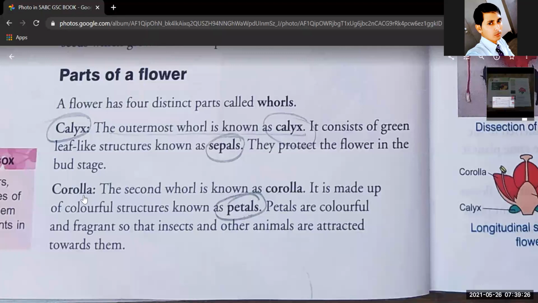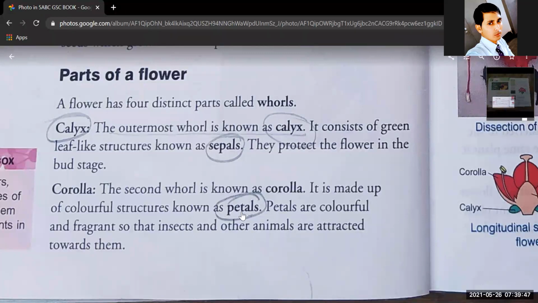The next is corolla. The second whorl is known as corolla. It is made up of colorful structures known as petals. Petals are colorful and fragrant, so that insects and other animals are attracted towards them.